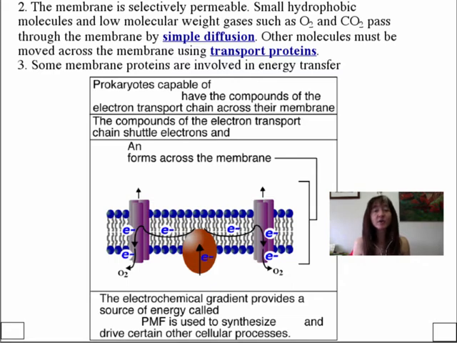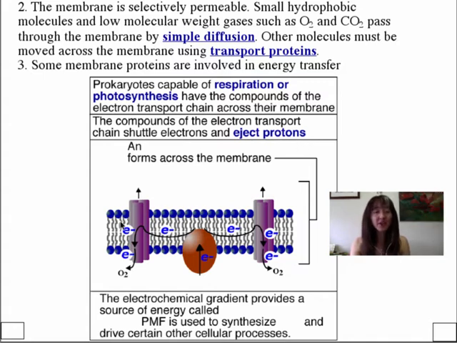In those particular microorganisms, spanning their membrane, we see these integral membrane proteins that are involved in energy generation. They transfer electrons throughout the members of this chain, and as they do so, they use the resulting energy to pump protons. So those prokaryotes capable of respiration or photosynthesis have the compounds of the electron transport chain across their membrane. The compounds of the electron transport chain shuttle electrons and eject protons.